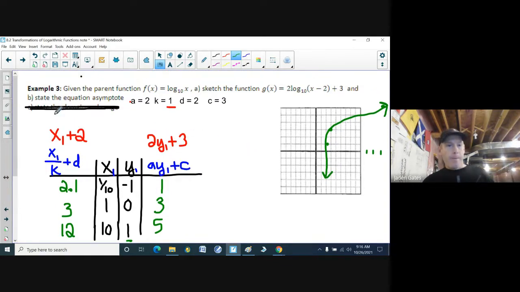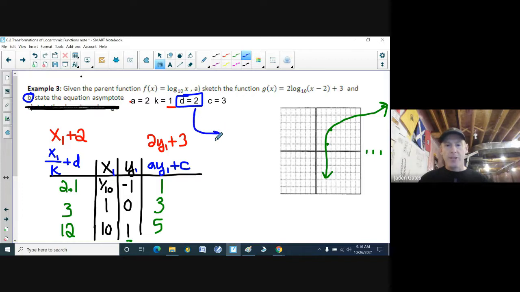Now, one thing before we finish is part b: state the equation of the asymptote. If the original asymptote is at x equals 0, anytime it's shifted left or right, that is going to be our new asymptote. So we will be looking at our d value for our new asymptote.